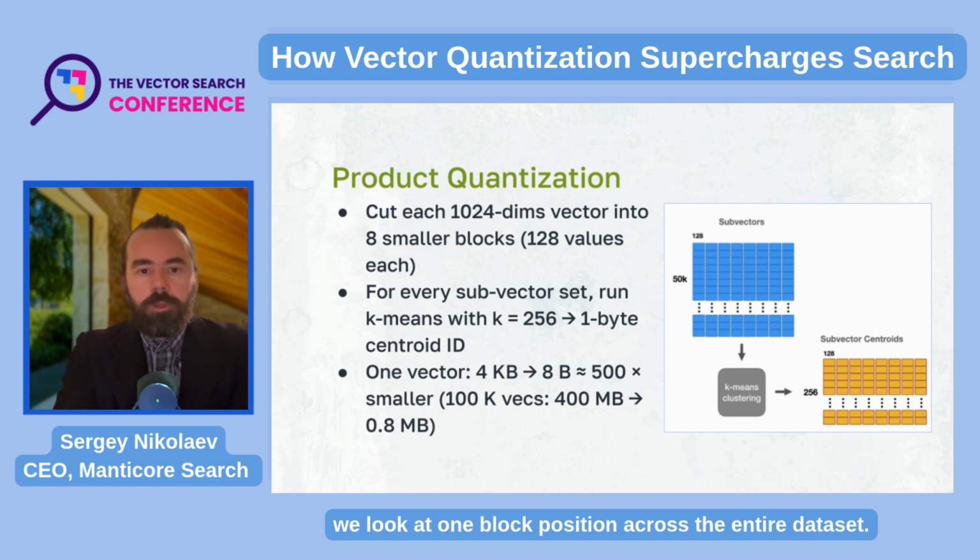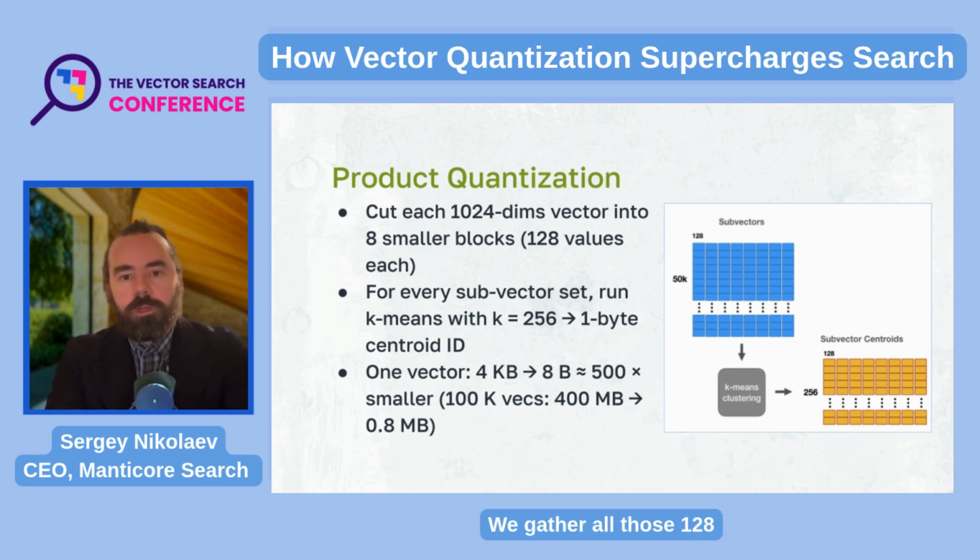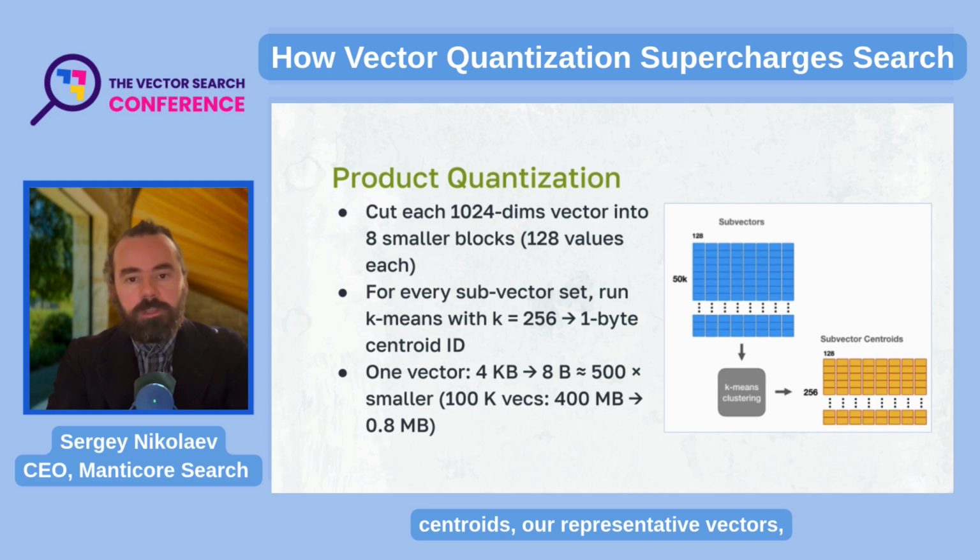Next, we look at one block position across the entire dataset. We gather all those 128-value slices and run plain k-means clustering. A common choice is to create 256 centroids, our representative vectors, because that number fits neatly in 1 byte. Want more precision? Use more centroids and spend 2 bytes instead.